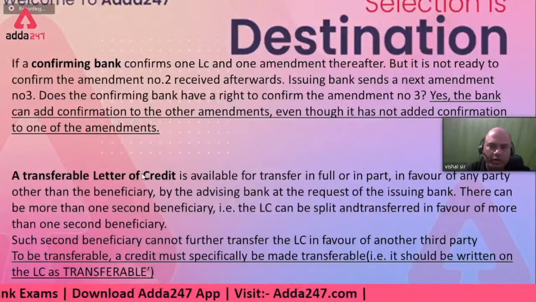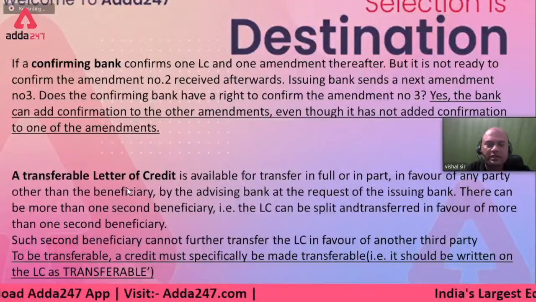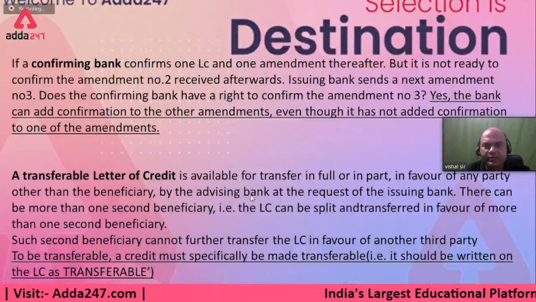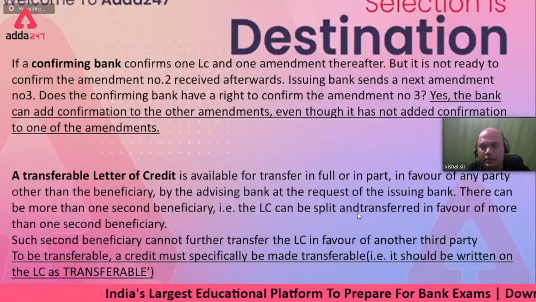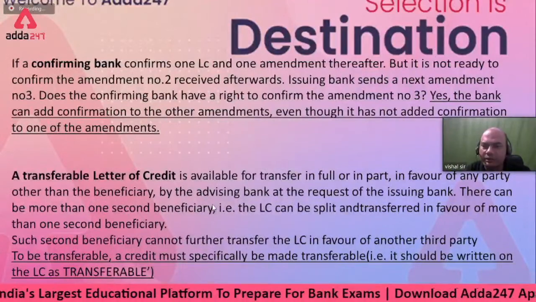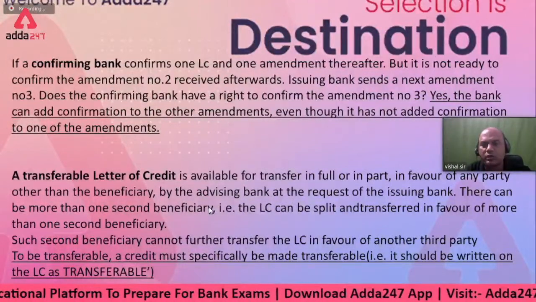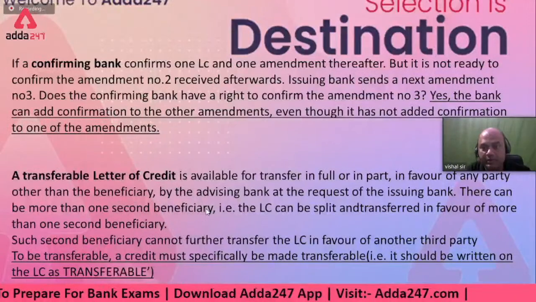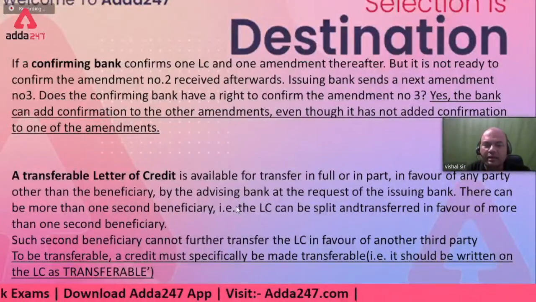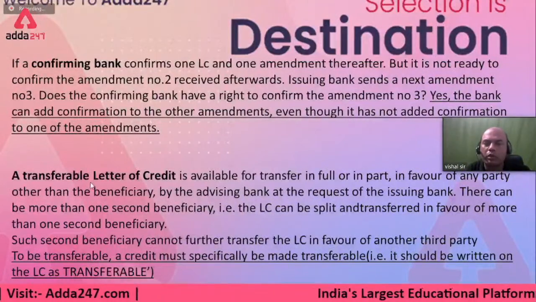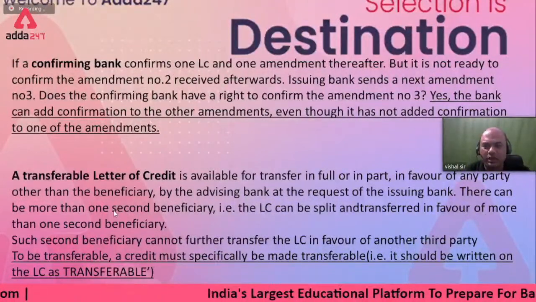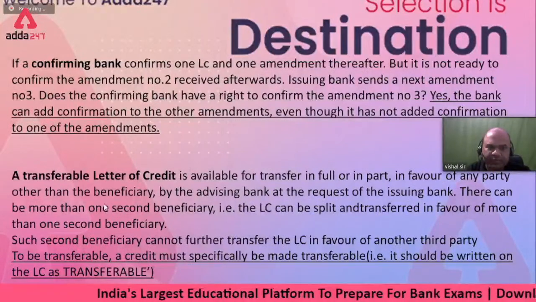Okay. Point number 1. Now how does it work? See here, the LC is issued by the issuing bank as irrevocable, transferable. It is received by the beneficiary. Then the beneficiary, the seller, goes to his bank and tells the bank, kindly transfer this LC in favor of 1 or 2 more guys, or 2, 3, 10 more guys, whichever he wants. Okay.